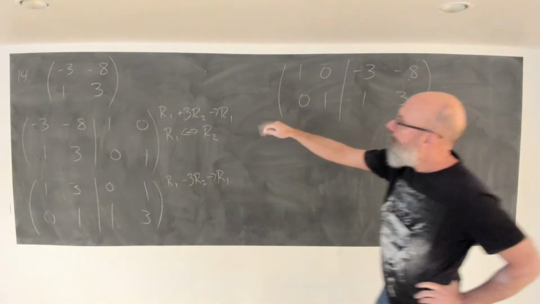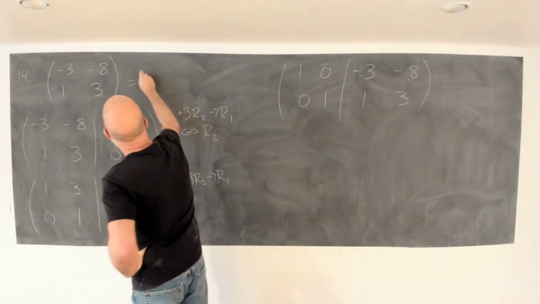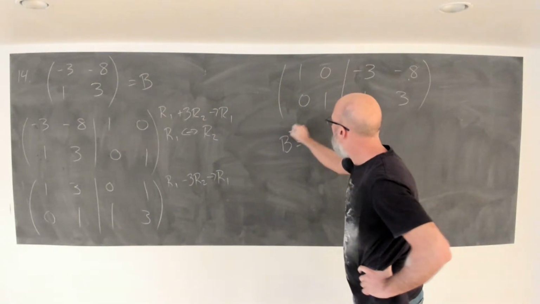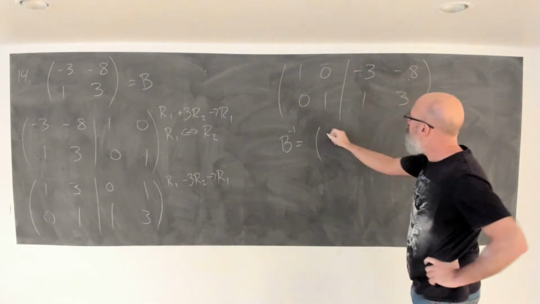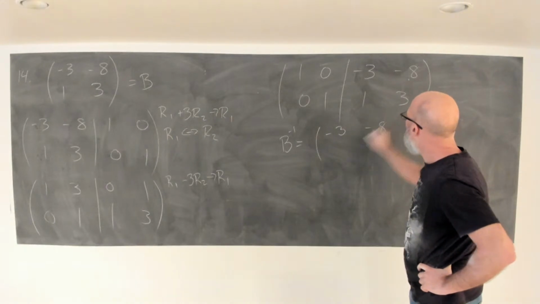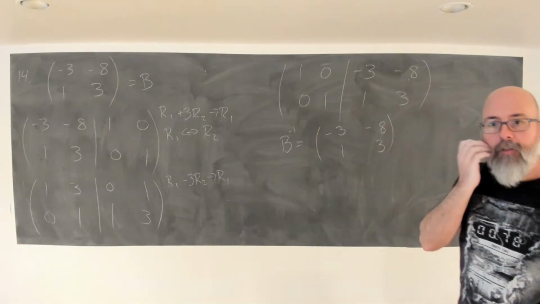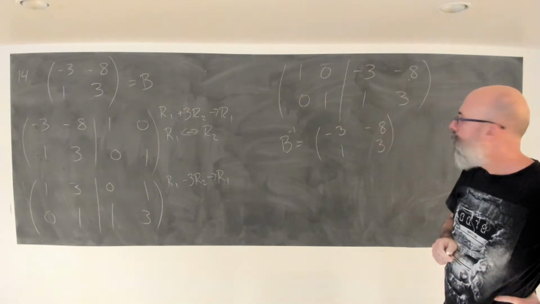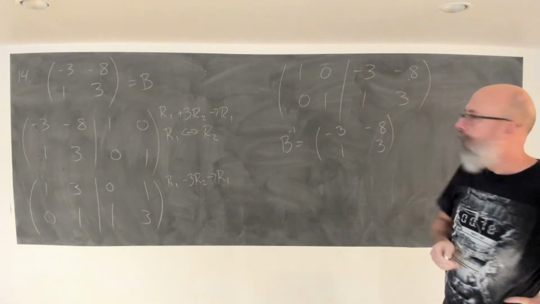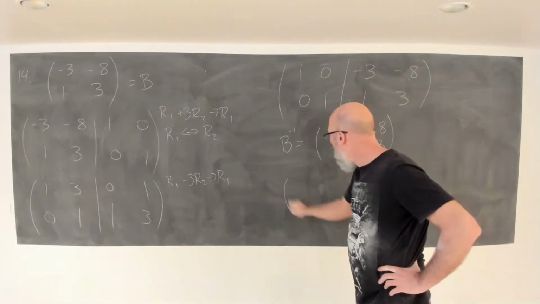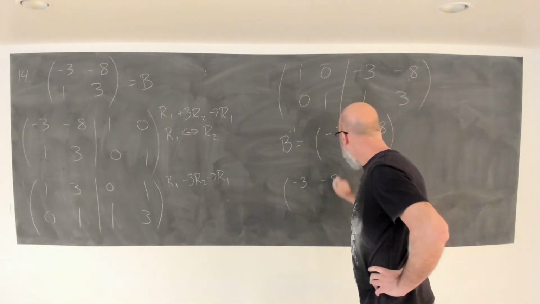So again, if this is the matrix B, then the inverse is proposed to be this if no mistakes have been made. Again, we can check. We can check by multiplying the two.